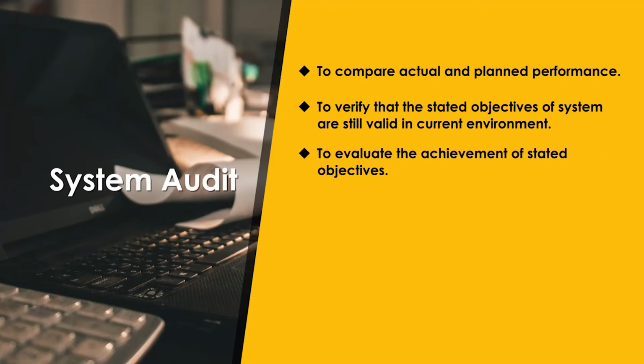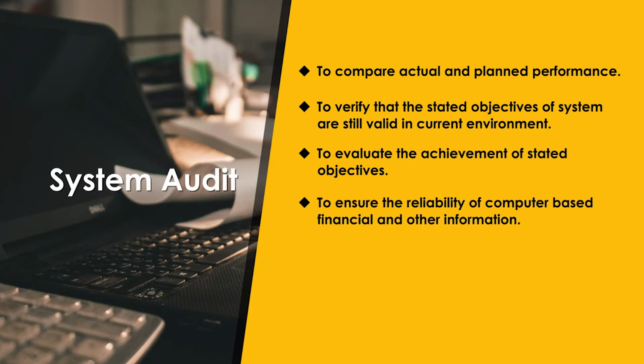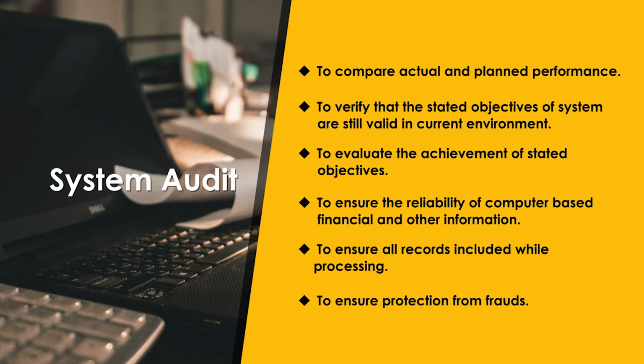To evaluate the achievement of stated objectives, to ensure the reliability of computer-based financial and other information, to ensure all records are included while processing, and also to ensure protection from frauds. So this is a kind of audit process.